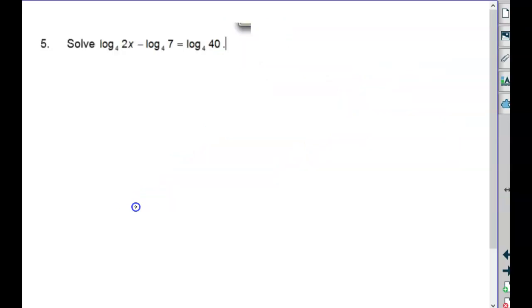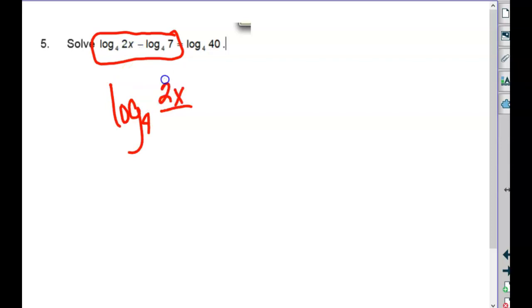We good? Number 5. What do you want to do here? Combine these. How do we combine those? Log base 4. Minus means divide and combine to a single log, so we have 2x over 7.